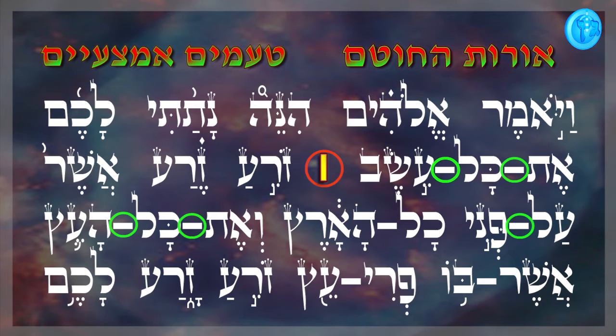On the other hand, the cantillation known as Makaf has the shape of a horizontal letter Vav that is positioned between two words that tells the person reading from the Torah to connect these two words as if they were actually only one word.